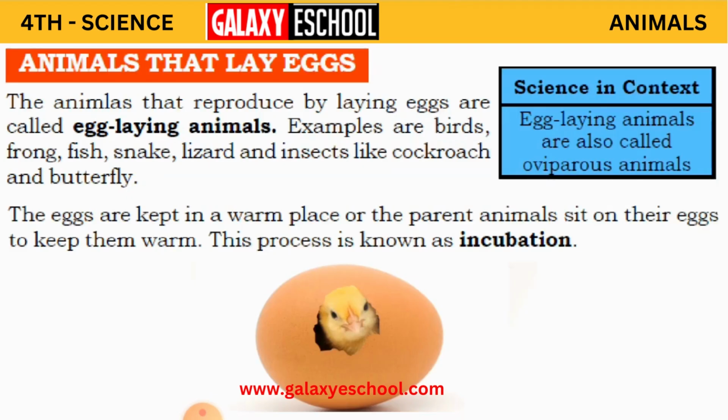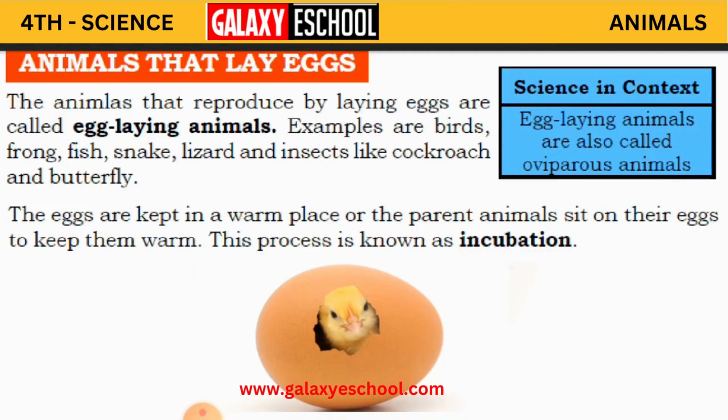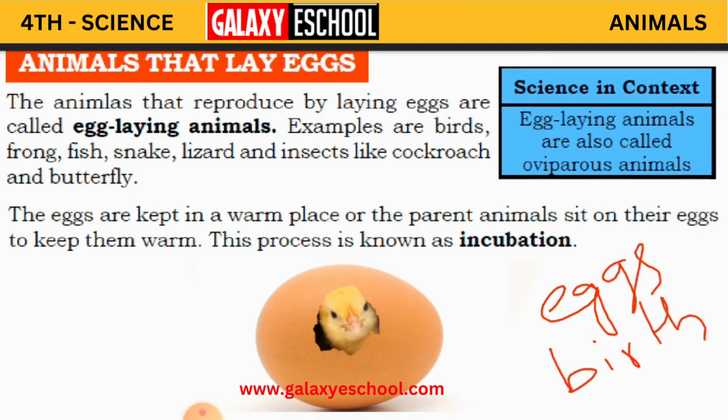Here, animals that lay eggs. What we have learned, children, is that we have got two types of reproduction, that is through eggs, and the other one is by giving birth. Now we learn how animals that lay eggs go through the reproduction process.